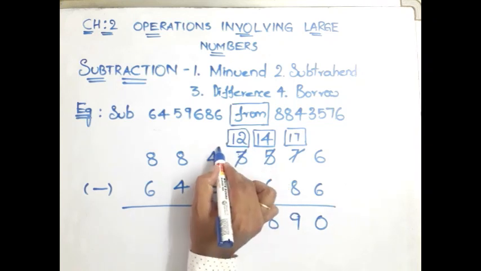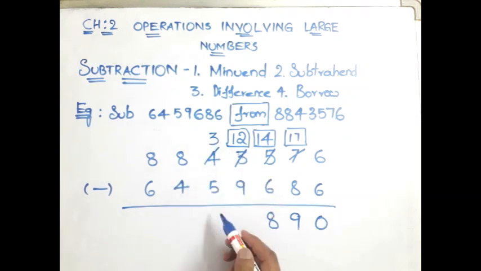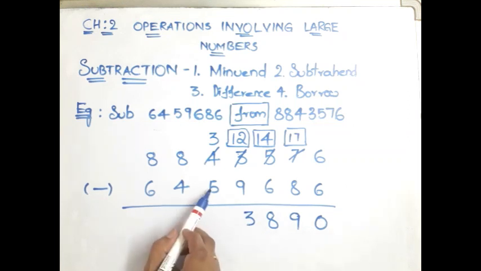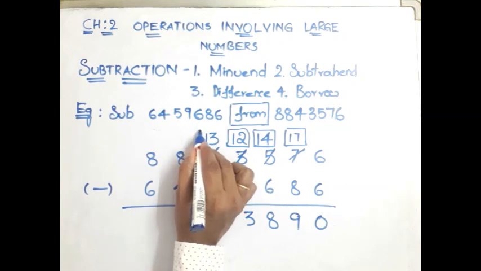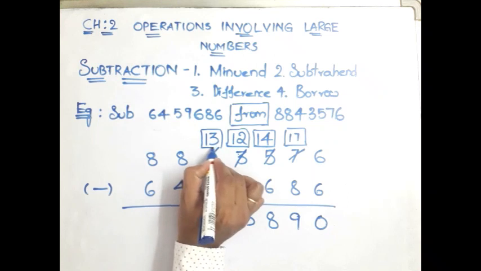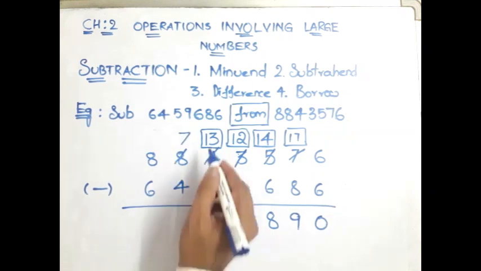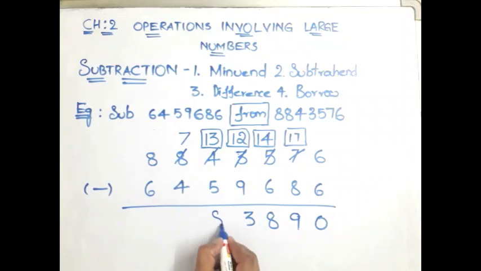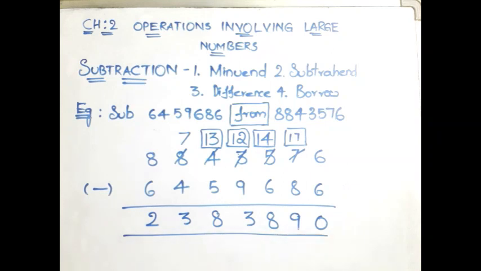As we have already given 1 from 4, the 3 will be there. So 12 minus 9, it is 3. Again, we can't subtract 5 from 3. So we will borrow 1 from 8 so that it will become 13. And as we have given 1, this will become 7. 13 minus 5, 8. So 7 minus 4 we can do. So this will become 3. 8 minus 6, 2. So this is the result.